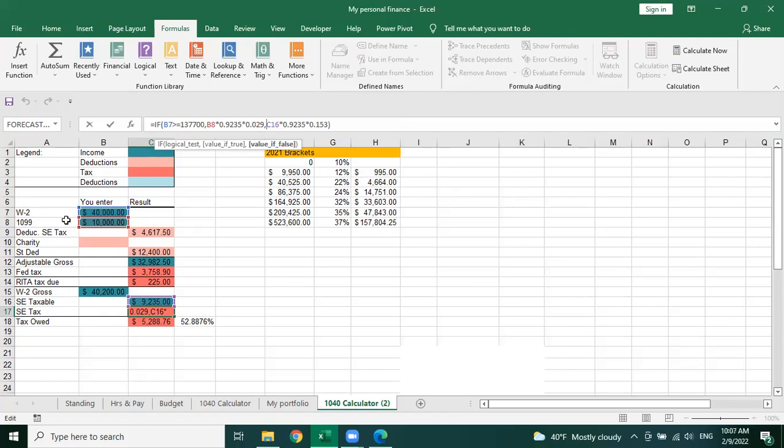either the whole 1099 or part of it, then we're going to take this amount times 15.3%, which is the Social Security tax and Medicare tax percentages lumped together.